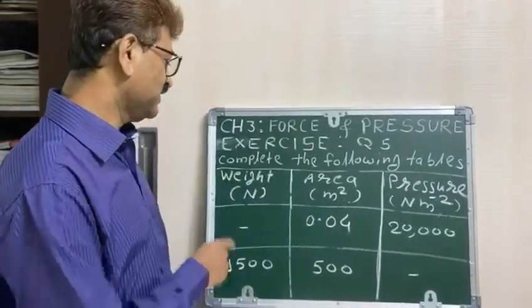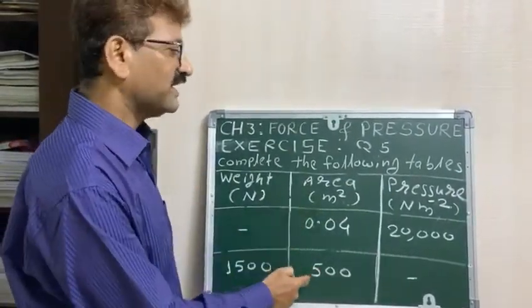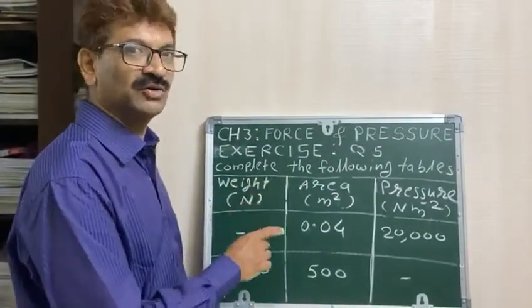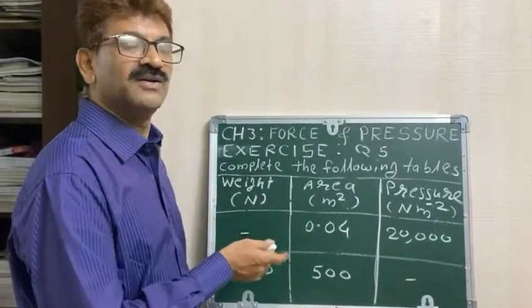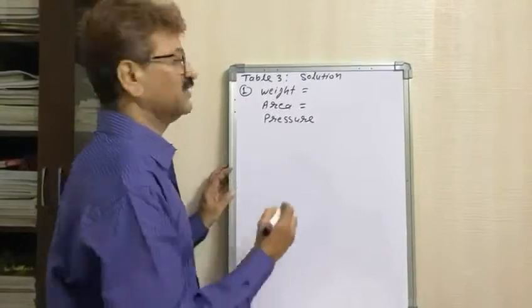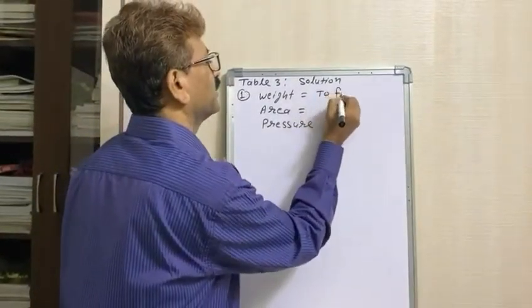And in the second question, weight and area are given, and we have to find the pressure. For that we have to apply the formula: pressure is equal to force upon area. Here weight means force. Now in the first question, we have to find weight.